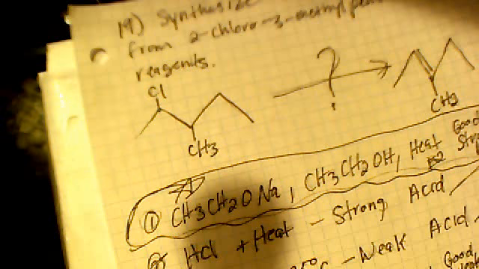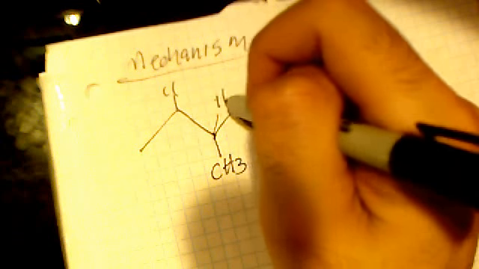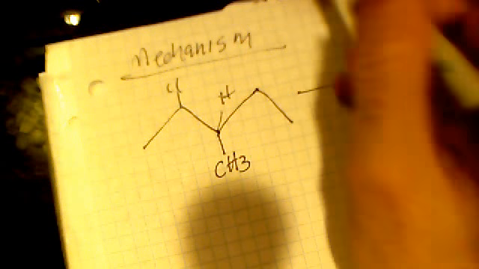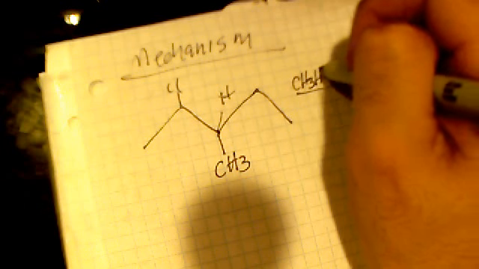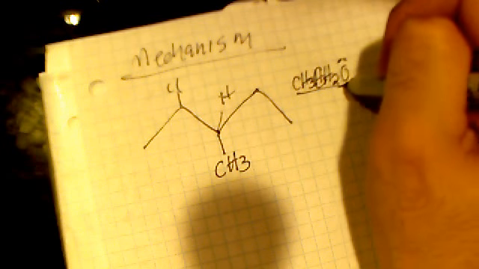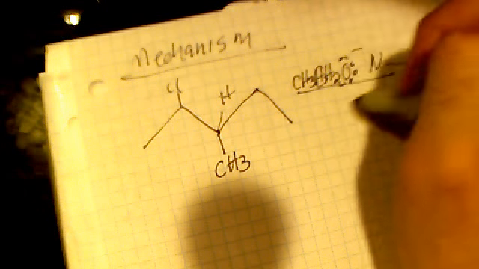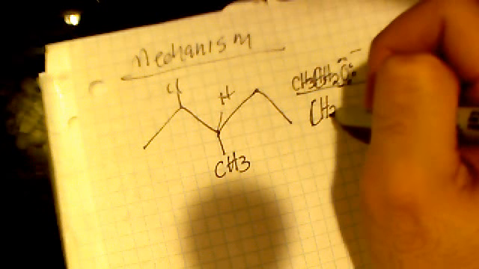I guess let's just do that mechanism real quick. Right, the mechanism. So we would have a hydrogen right here, and we have the ethoxide, the sodium ethoxide, and it's in ethanol.